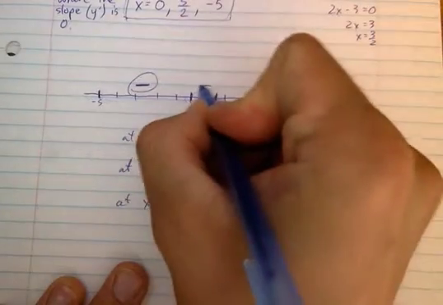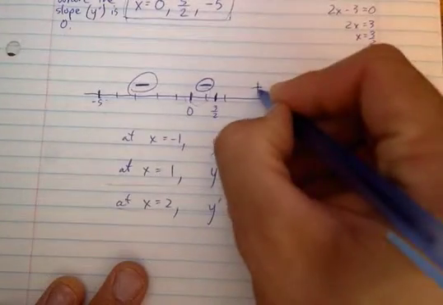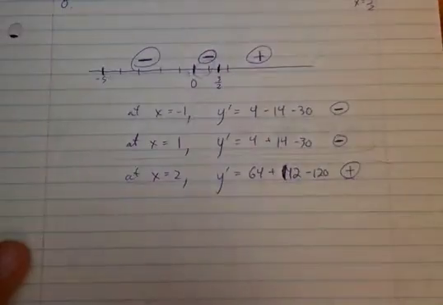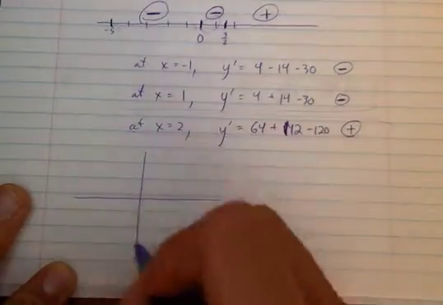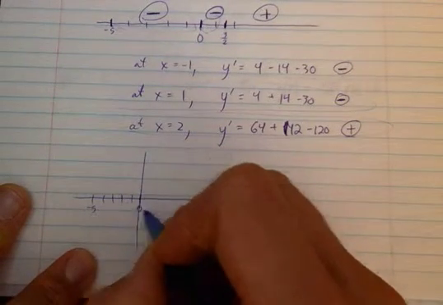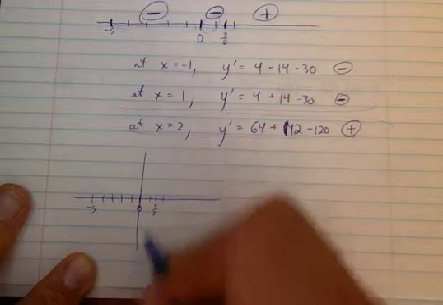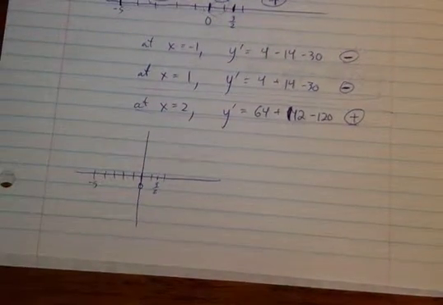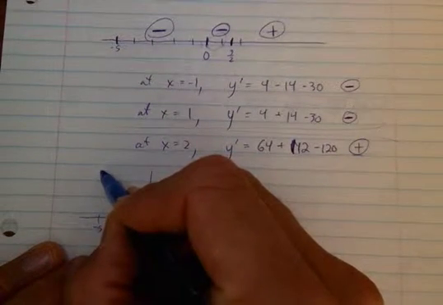All right, what does that mean for our graph? We've got a negative in this area that we found here, and then right here we found that this was positive. If I were to sketch out the original function with -5 there, 0 there, and 1.5 here, I might find that the slope was negative.